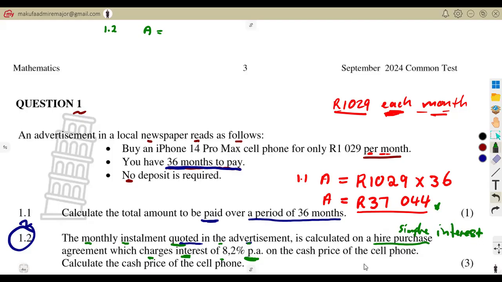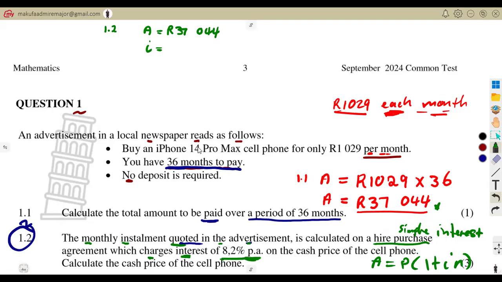So on simple interest, you're going to need the amount. Remember, amount is equal to P into 1 plus IN. The amount is the amount accumulated over the period of 36 months. That was 37,044.